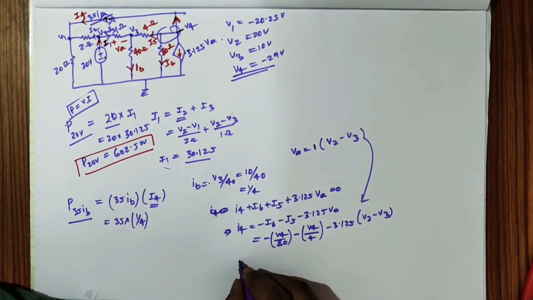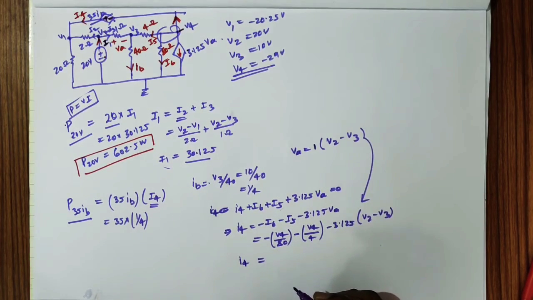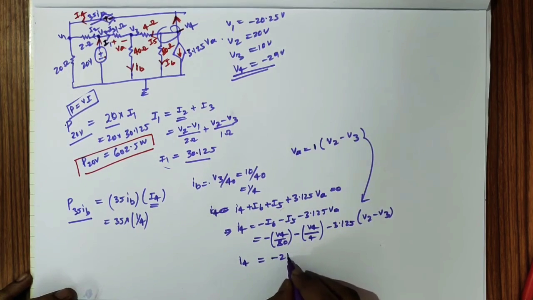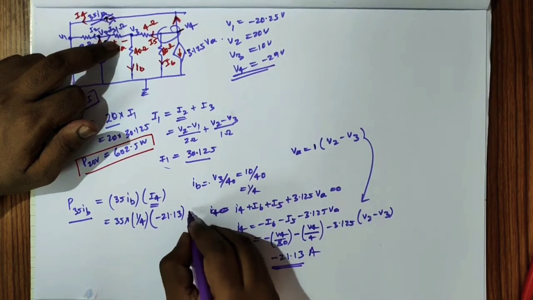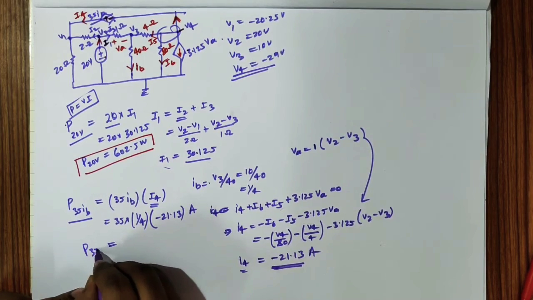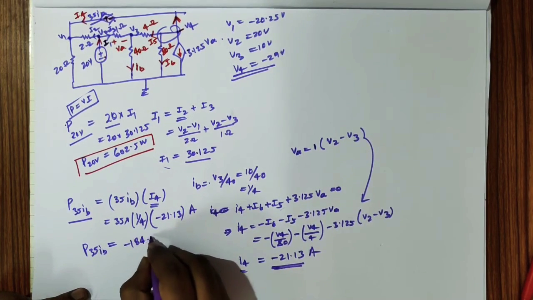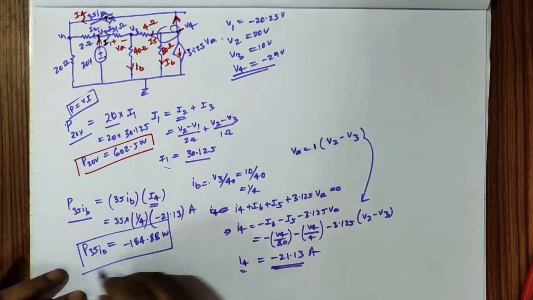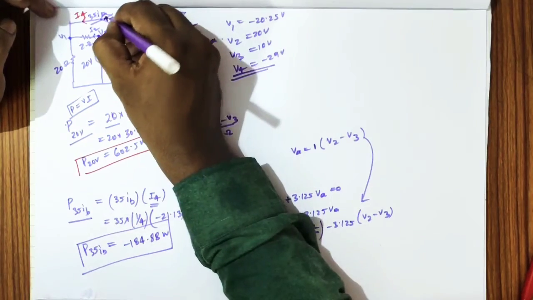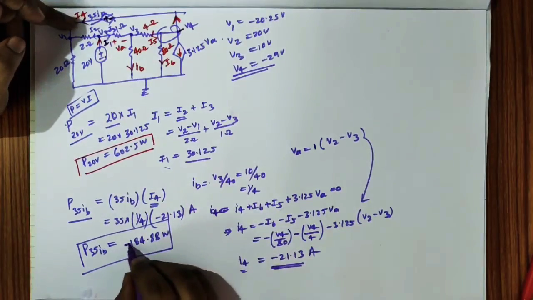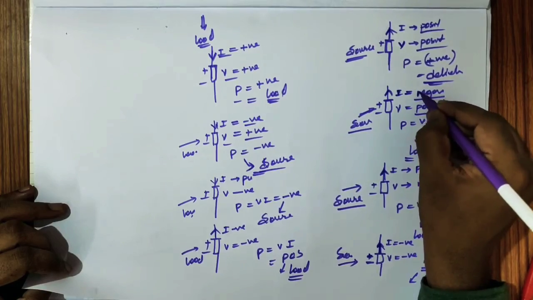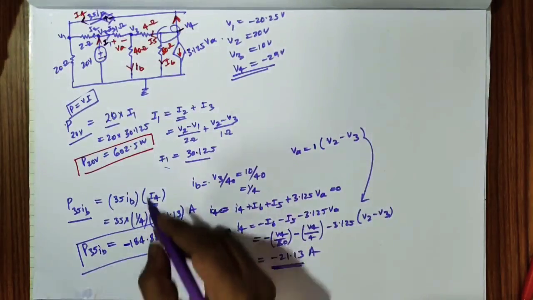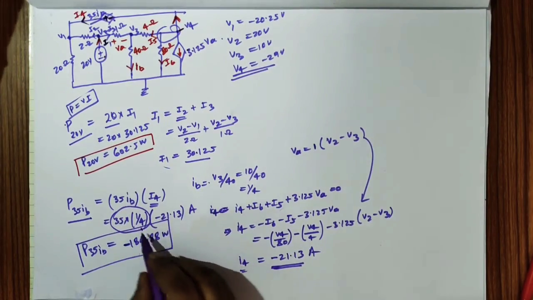After calculating, I get I4 as minus 21.13 amps. So I4 is negative. Therefore, the power P35IB has a value of minus 184.88 watts. We chose this as a source, with current leaving from the positive terminal, but I got a negative value. The voltage is positive and the current is negative, so overall the power is negative.